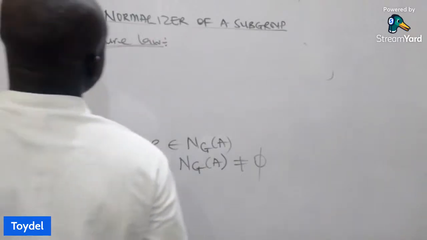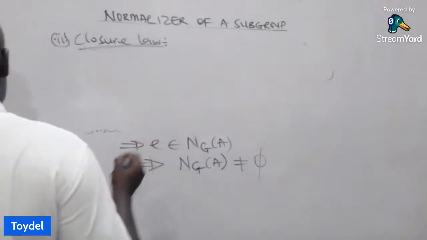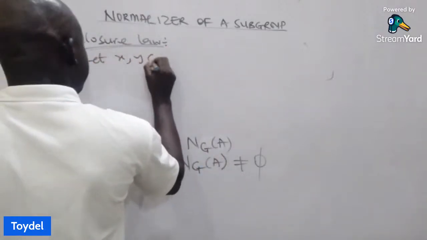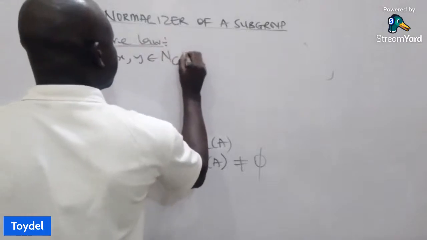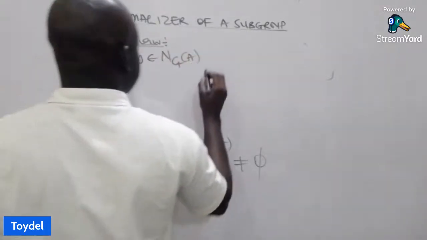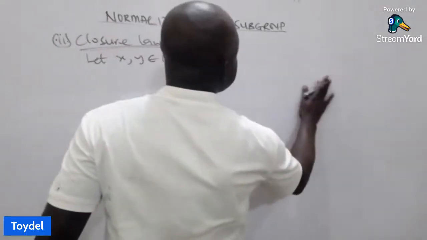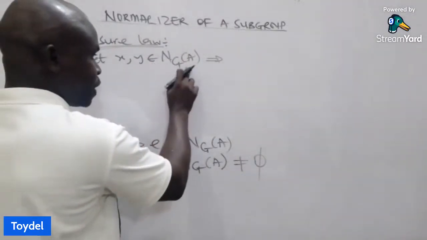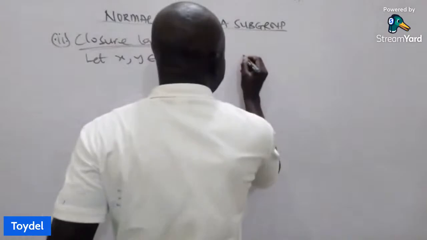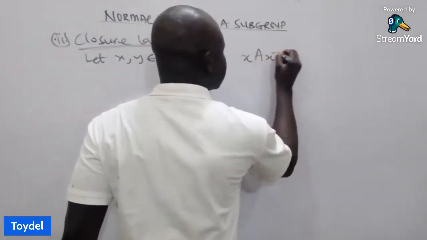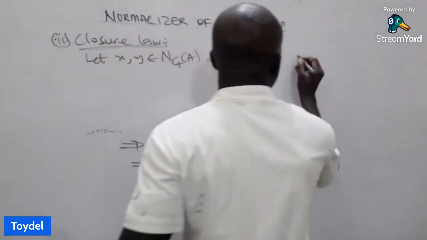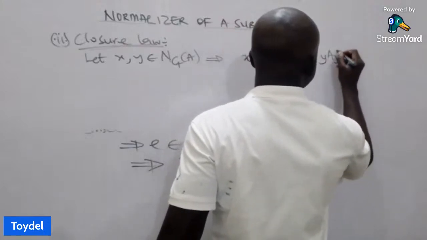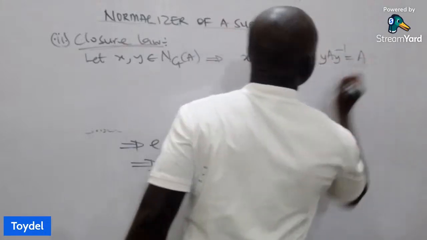If you have two elements from the normalizer of the group, we can say let x, y be elements of the normalizer of A. This implies that if x and y belong to the normalizer of A, then x A x inverse and y A y inverse must be equal to A.